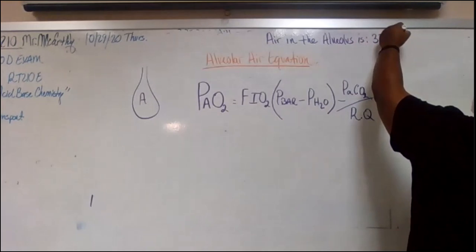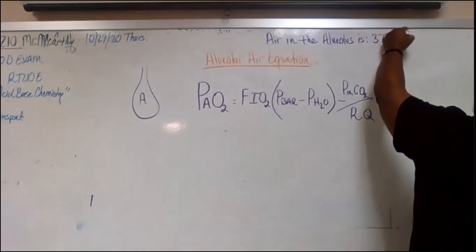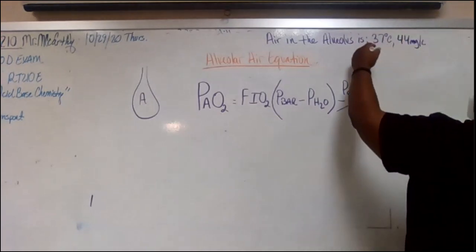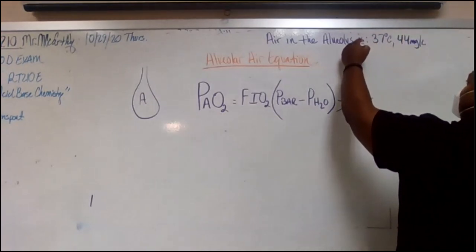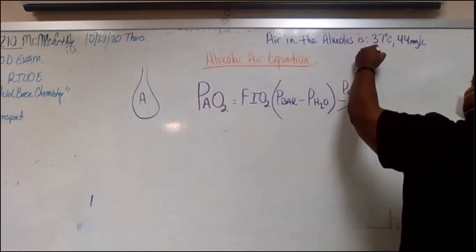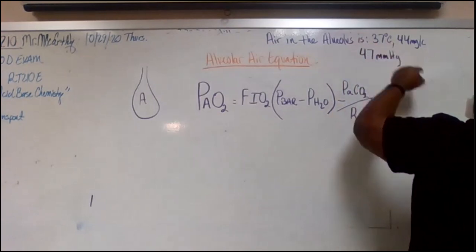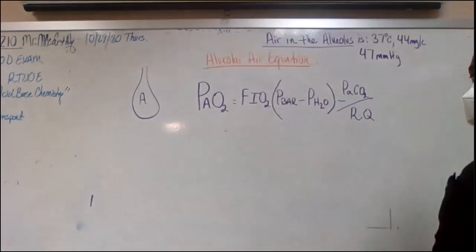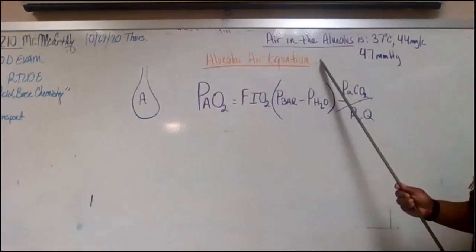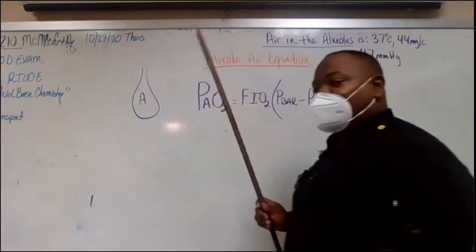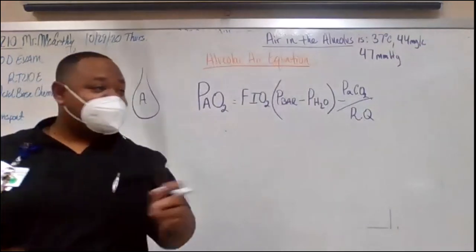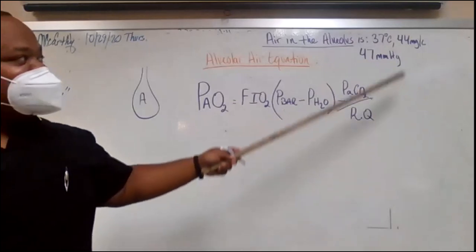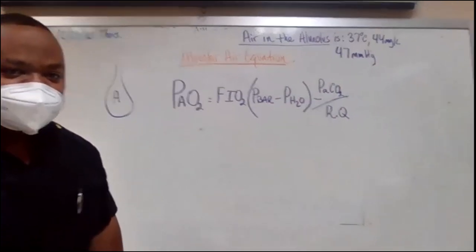It is saturated with 44 milligrams per liter of water vapor, and it exerts a pressure of 47 millimeters of mercury. You need to understand that, highlight that, remember it. This is a fact. The gas inside of your alveoli at body temperature, that's the goal. By the time it gets to the alveoli, it's 37 degrees Celsius.